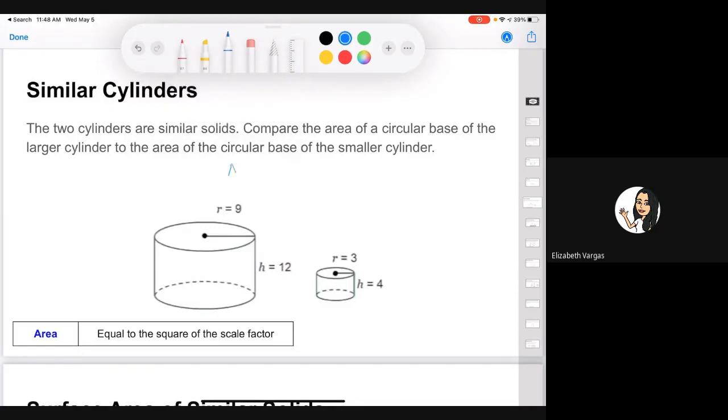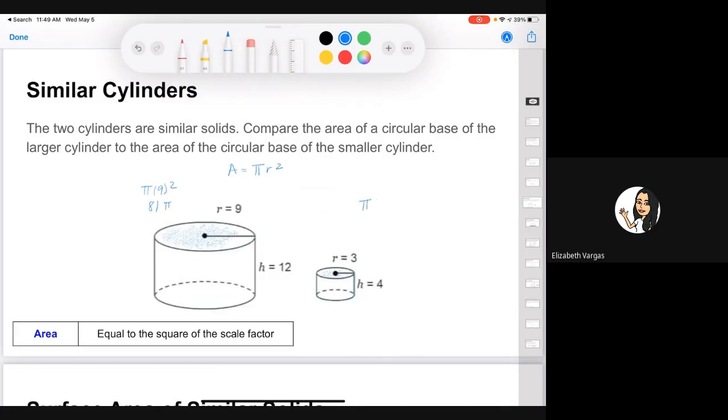So the area of the base is going to be equal to pi r squared. That'll give me the areas of my bases. So basically the area of this base and the area of this base, because they're comparing those areas. This one is equal to pi 9 squared, which is equal to 81 pi.